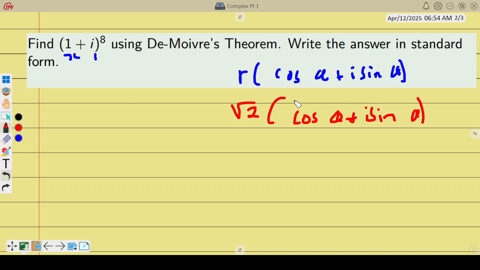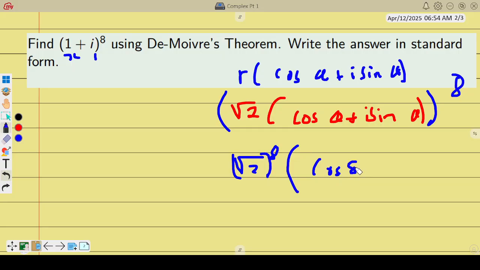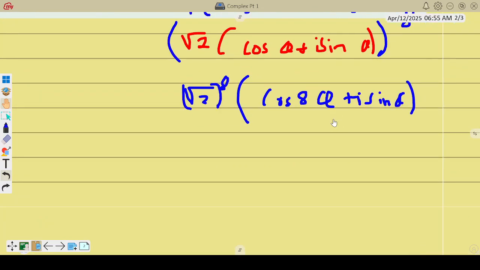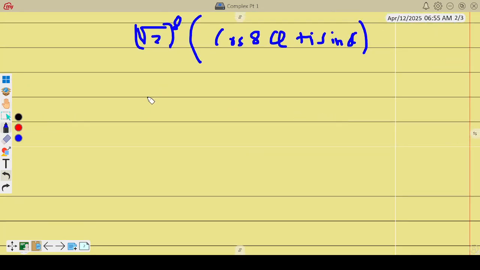So when we raise it to power 8, it simply means that root 2 is going to have a power 8, and then cos 8 theta plus i sine 8 theta, like that. And then you just go on to simplify as far as you can.